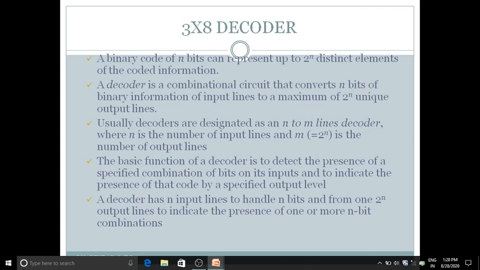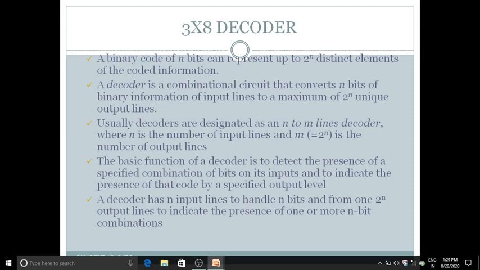So we have seen a number of binary codes previously, and you can see that a binary code of n bits can represent up to 2 power n distinct elements of the coded information. For example, if I have a binary code of only 1 bit, then it can represent two different elements.